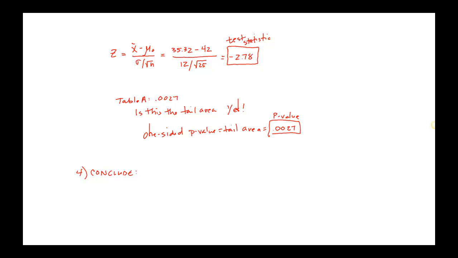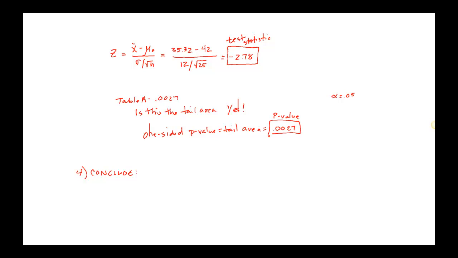I decide whether to reject or fail to reject based on my p-value, and we often compare the p-value to an alpha level. Alpha is called our significance level. If the p-value is less than alpha, meaning the p is low, then H0 must go and we would reject the null hypothesis. If the p-value was high, higher than alpha, then we would keep the guy, or in other words, fail to reject the null hypothesis.